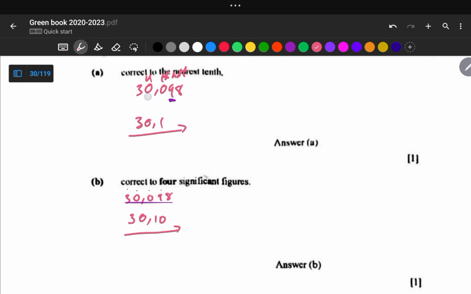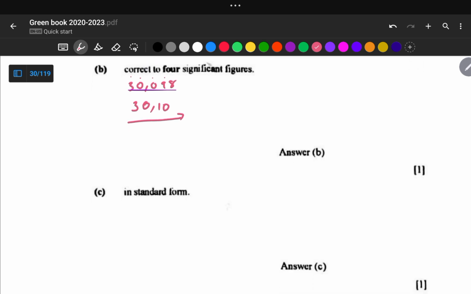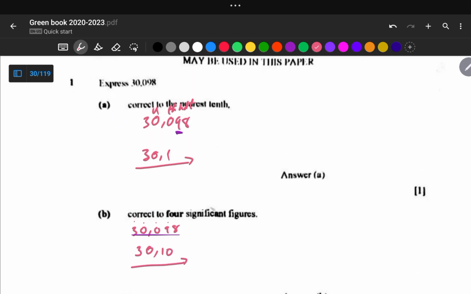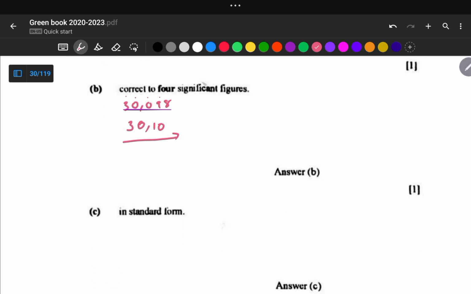Okay, and let us move on to part C of question number 1, which says express 30.098 in standard form. So we are still having the same number, 30.098. To express a number in standard form, our number must be in the range from 1 up to 9.9.